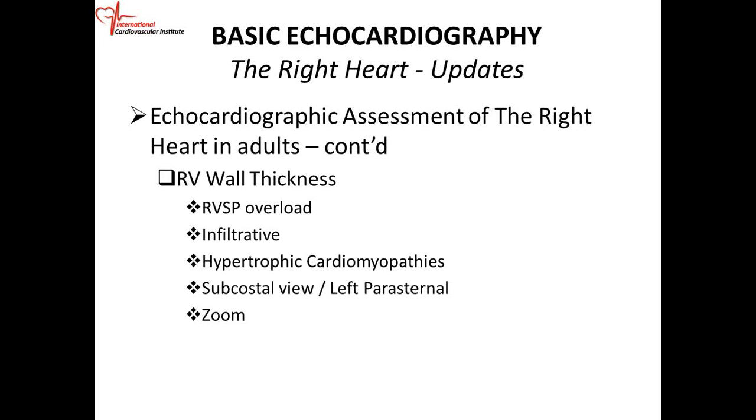And when we say thickened, we talk about an RV dimension greater than 5 millimeters or 0.5 centimeters. So the RV is thick if, when you measure it, it's more than 5 millimeters or 0.5 centimeters. And remember, when you do your measurement, you have to zoom it to decrease the error. All right, so zoom it.